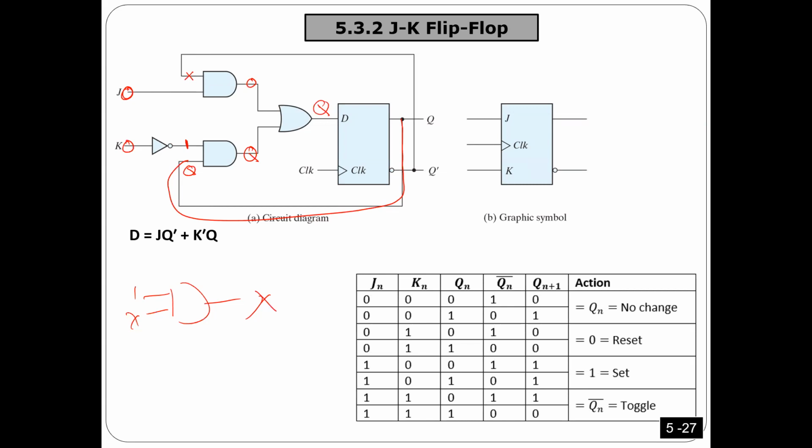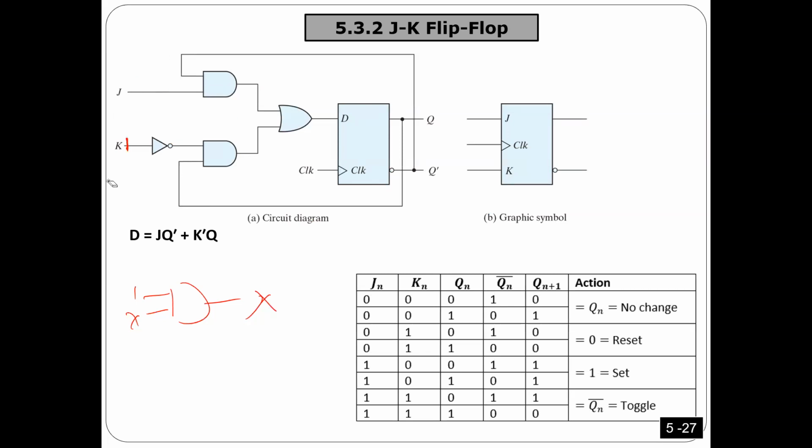Let's see another case. For example, if I put 1 here, 1 here, and 0 here. In this case this one becomes 0, makes sense? And again this one becomes 0, and the 0 will come outside. Reset. This is a case of reset. Let's have another case.